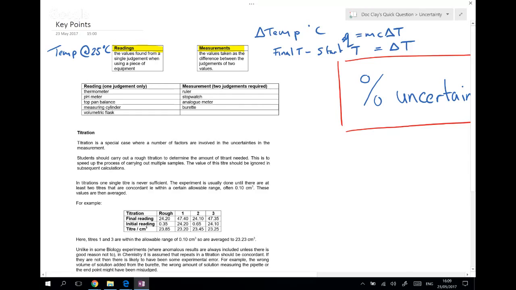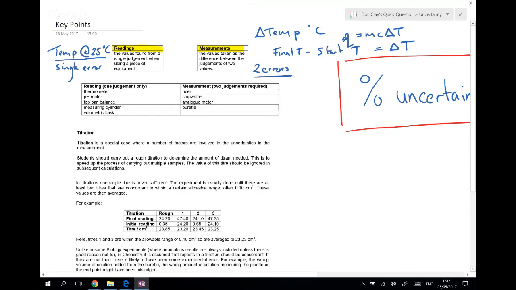And if we are doing that, then we are including 2 errors in our measurement. If we're taking a single reading, like measuring a solution at a given temperature, then we only have the single error from our reading.